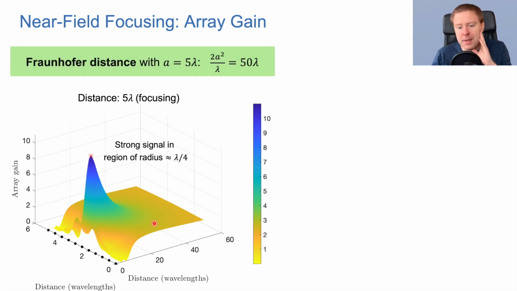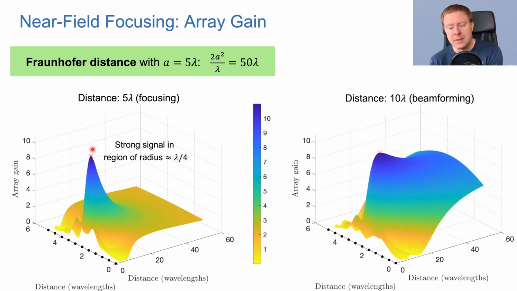If I am then computing what is the Fraunhofer distance in this case, well, my array is 5 lambda wide. So I put it into the formula, and 50 lambda, that is our Fraunhofer distance. And here I'm only at 10% of that. So then we see this focusing effect. If I am increasing the distance to 10 lambda, well, in that case, I'm focusing the signal here.